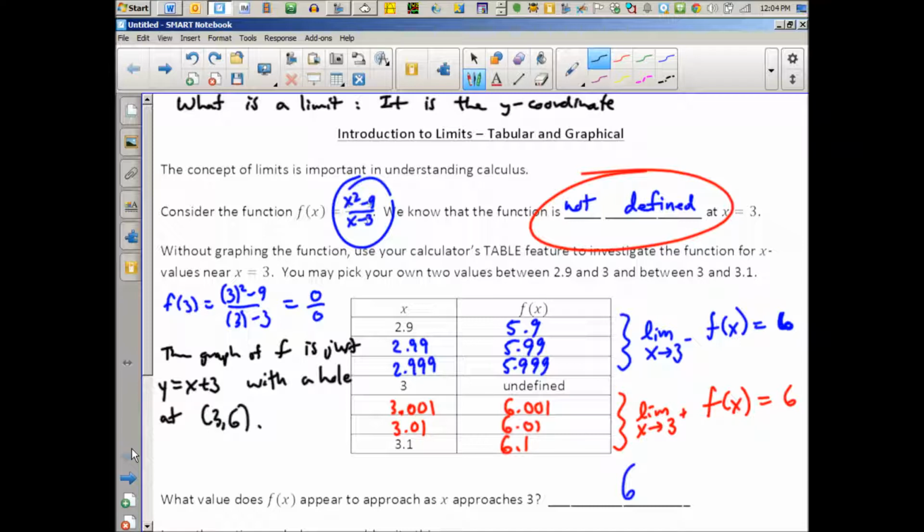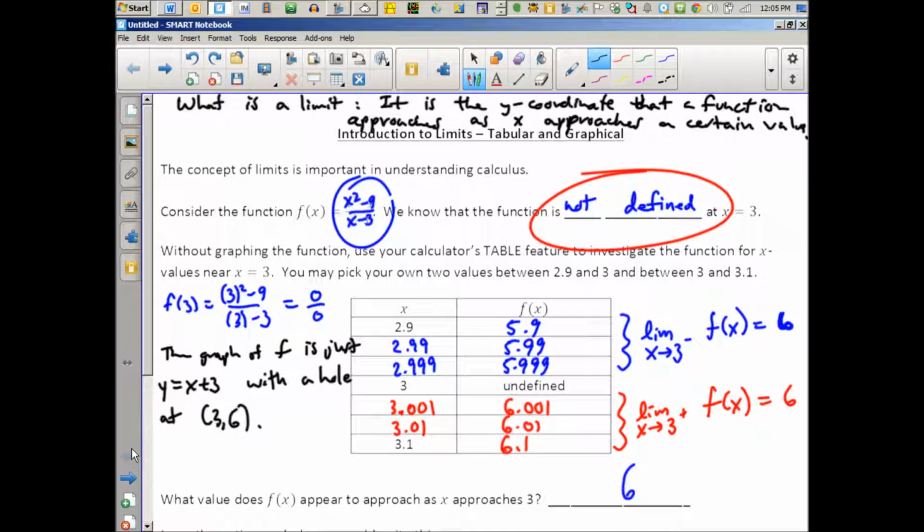It is the y-coordinate that a function approaches as x approaches a certain value. That's what a limit is. It's sort of the destination of the graph in a certain locale.